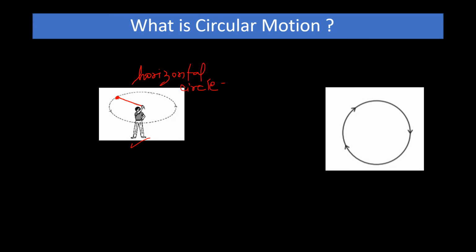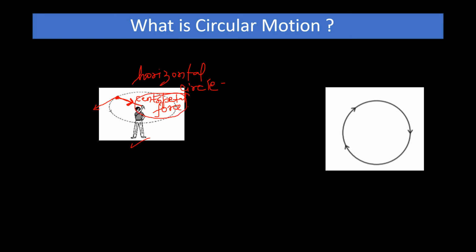So what is observed here? A force is applied tangentially and there is a force which is acting towards the center. This force acting towards the center, we call it centripetal force, right? This is the only force which is responsible for circular motion.